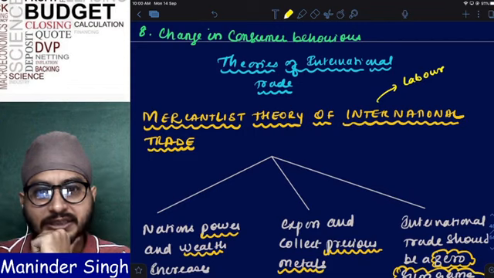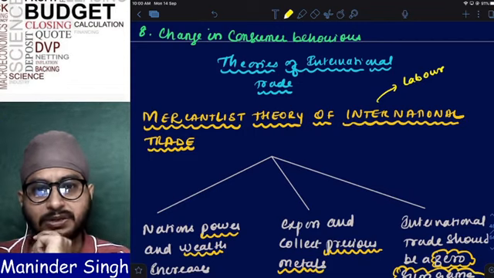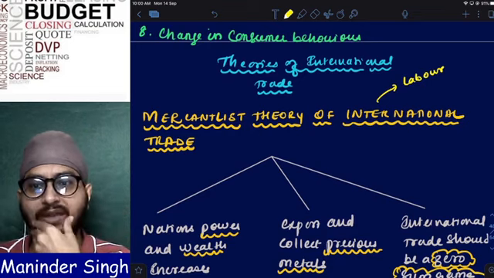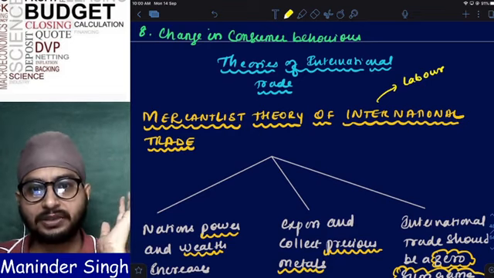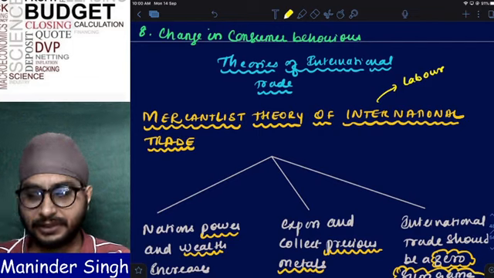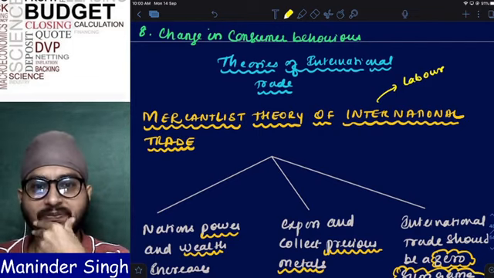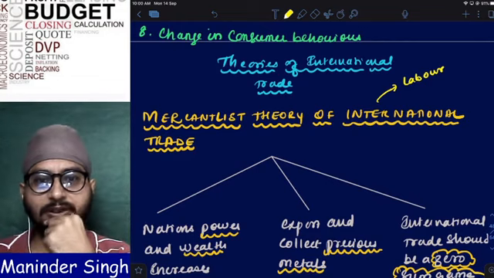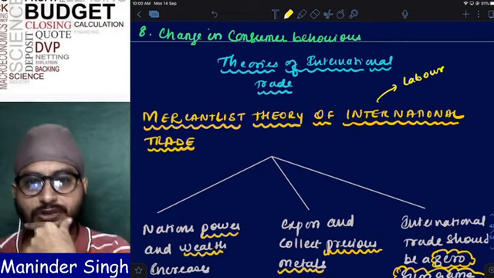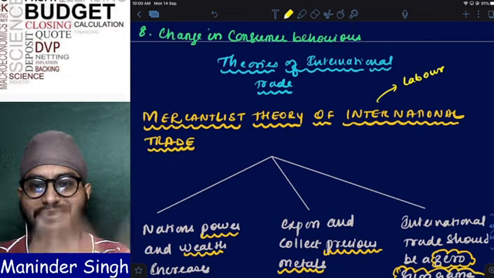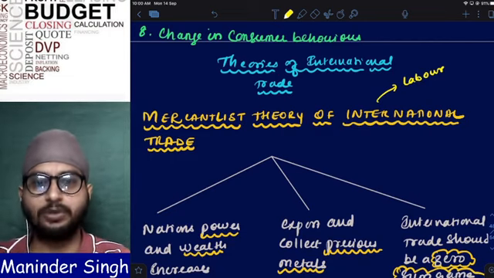Sir, is there any assumption that trade is happening in a barter system? No. Why barter system? The barter system was eliminated long back, in the 1870s you already have cash, right? In a barter system there is no trade as such. This is just an example of how trade can happen.